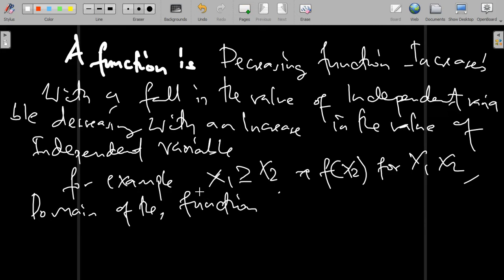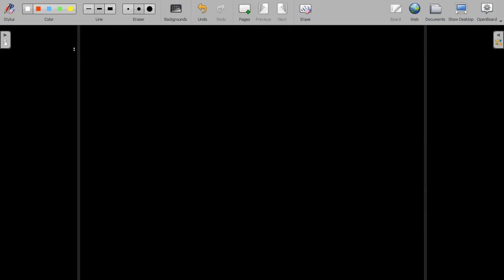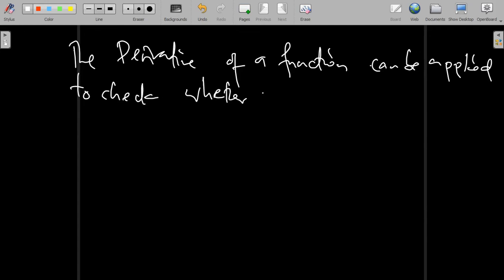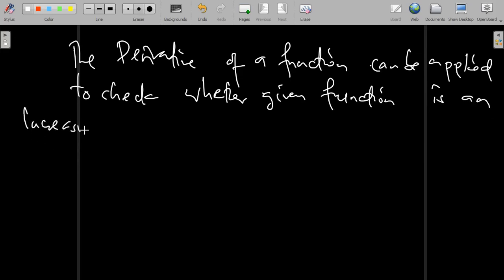The derivative can be applied to check whether a given function is an increasing function or a decreasing function in a given interval.